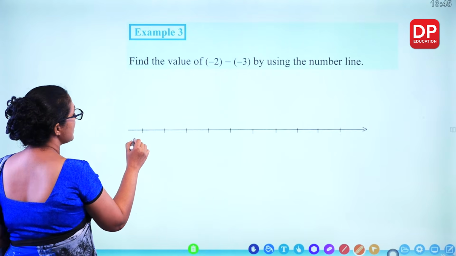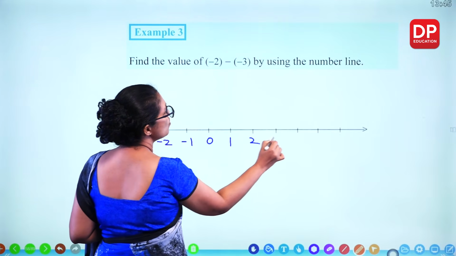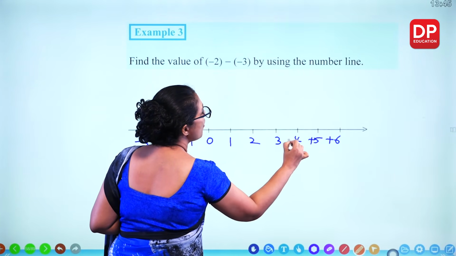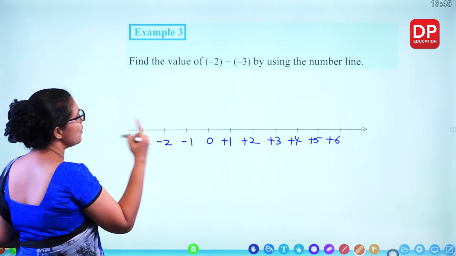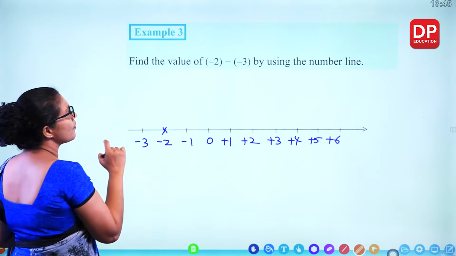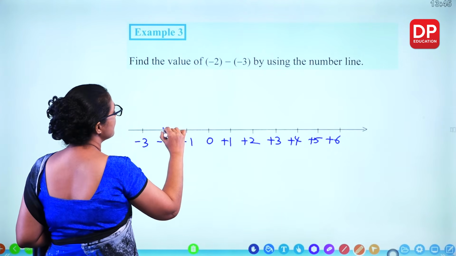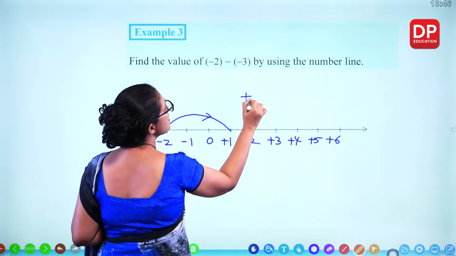So we can take -3, -2, -1, 0, 1, 2, 3, 4, 5, 6. These are positive values. So starting value is -2. Moves 3 places to the right. 1, 2, 3. What's the answer? +1.